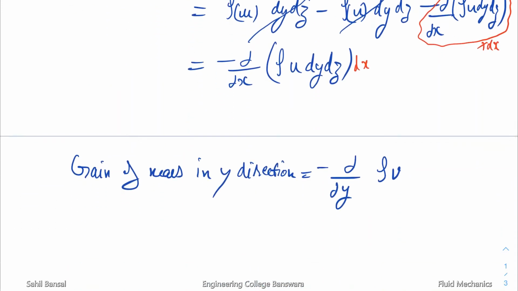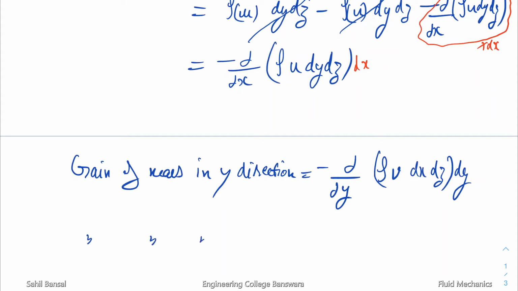So gain of mass in y direction will come out to be del upon del y rho v dx dz dy. Fine.